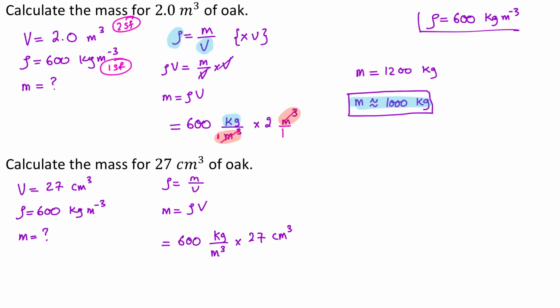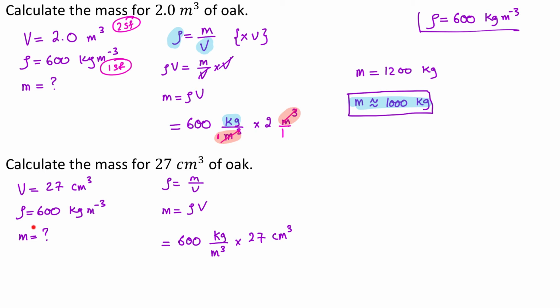So let's see what I will get if I were to do a unit analysis, just looking at the units. I would have kilogram over meters cubed multiplied by centimeters cubed. Note that centimeter cubed and meter cubed are different, so I can't just cancel these, because then I will get kilogram centimeters cubed over meters cubed, and I don't want that.